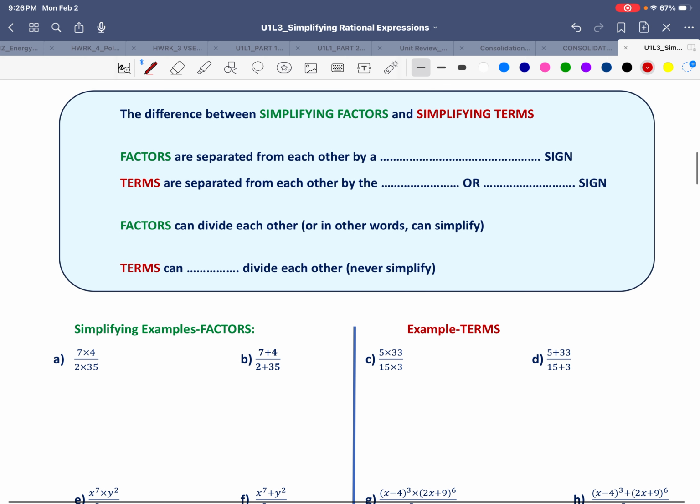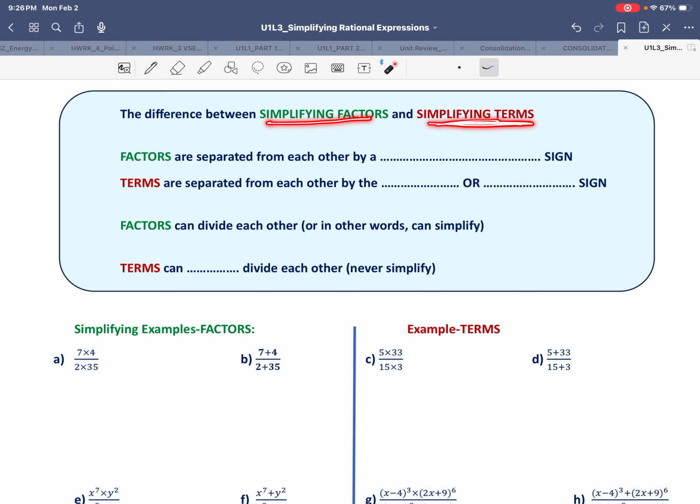In the next example, we're going to take a look at how we simplify rational expressions, because that's going to be our focus for now. Remember that the difference between simplifying factors and simplifying terms is the following.